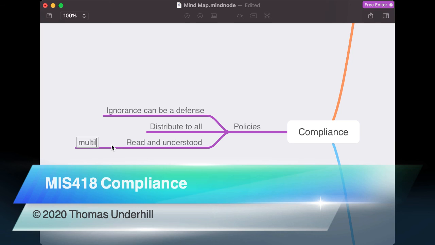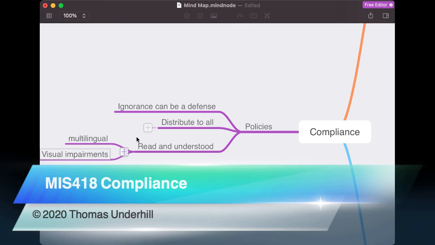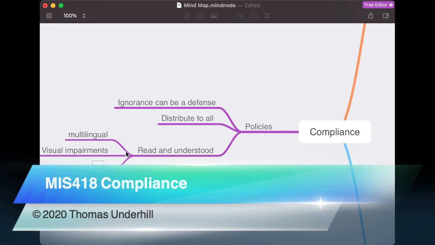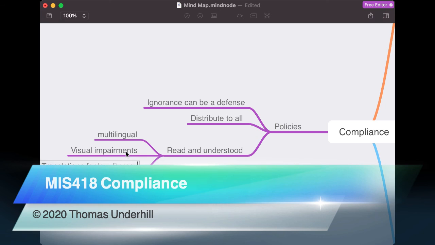And you also have to have things like visual impairments. So you need to have something for visual impairments to help people with a disability. Then you also need to have translations for low literacy. So if someone is not great at reading or maybe doesn't know how to read at all, you need to have some sort of translation for that policy or training. Okay. They need to be acknowledged.